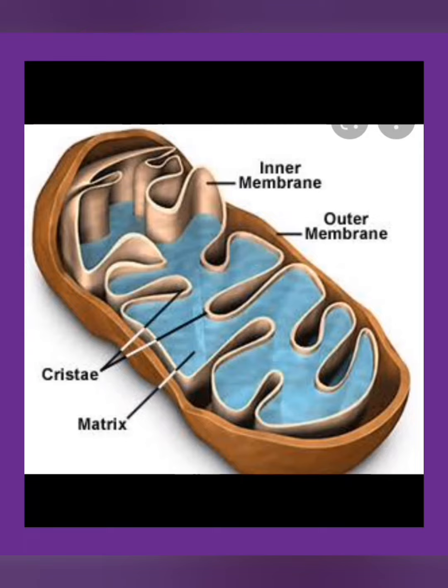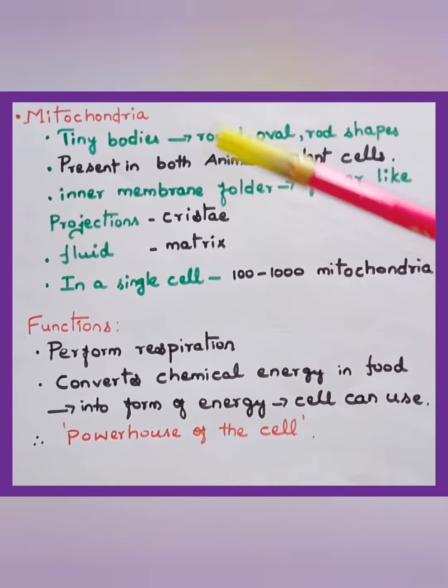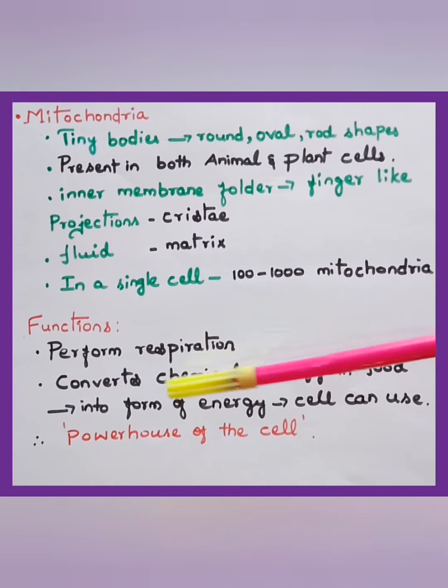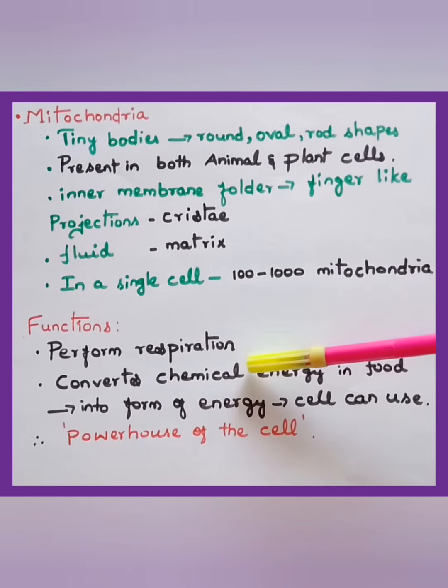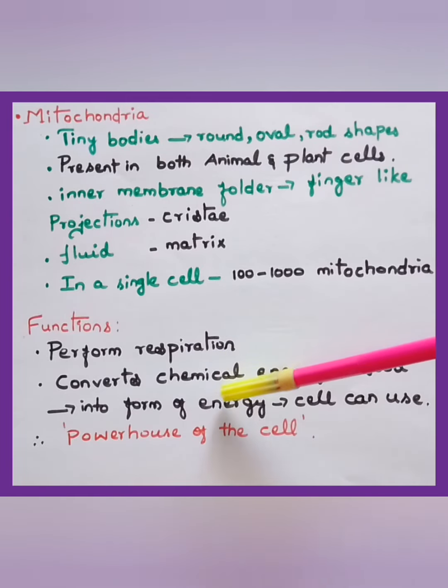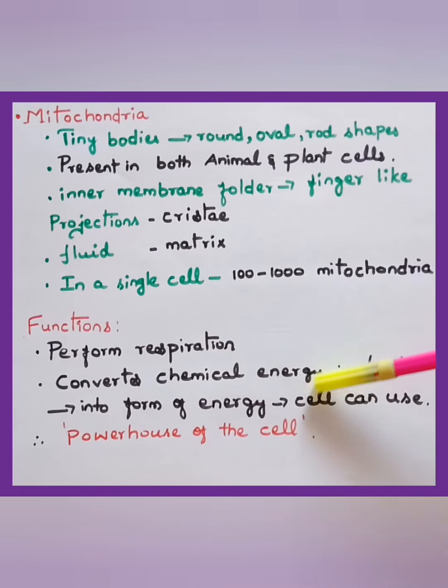And in a single cell, how many mitochondria might be there? There might be around 100 to 1000 mitochondria present in a single cell. Okay. Main functions of mitochondria: they perform respiration within the cell. Okay, first point. And next one, mitochondria convert chemical energy which is contained in the food into a form of energy that a cell can use to perform its functions.